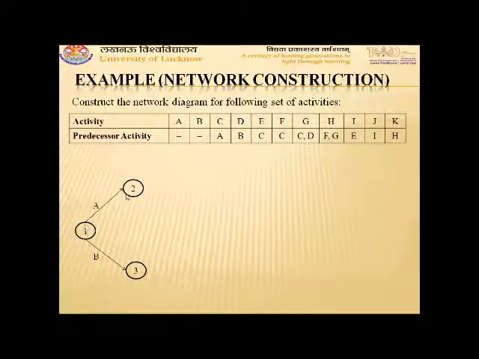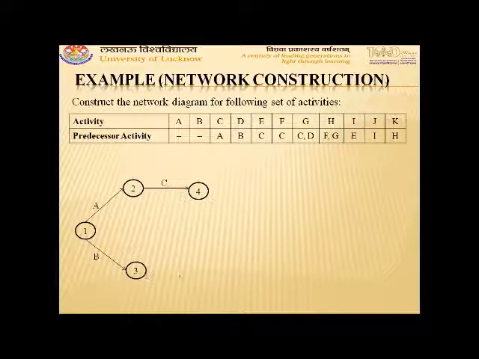That is, A is completed and now the next activity will start. So then activity C ends at event 4. Then B is the predecessor of D. So from B, D is drawn, that is D starts from 3 and ends at event 5.